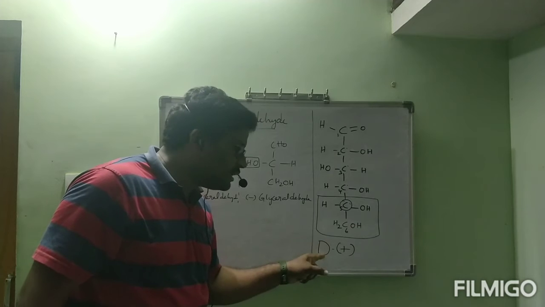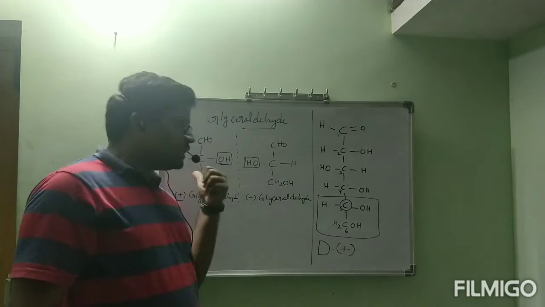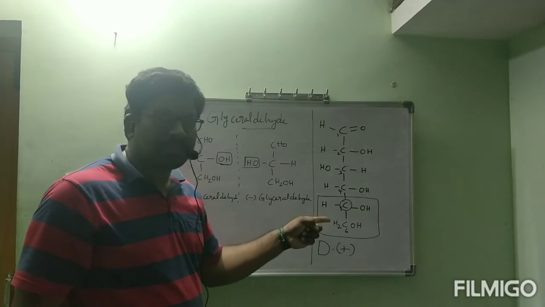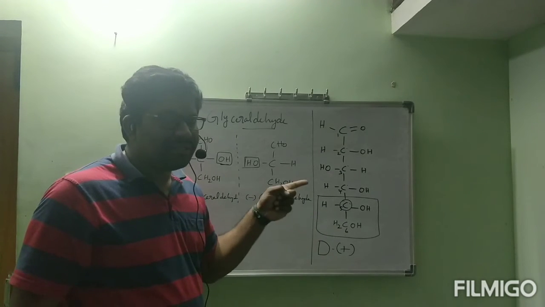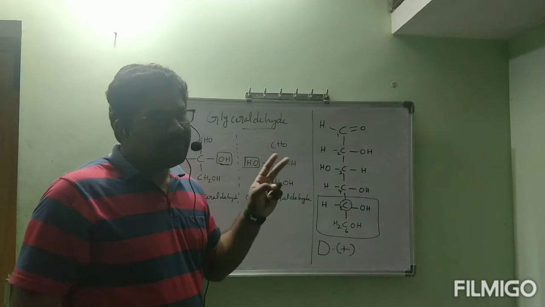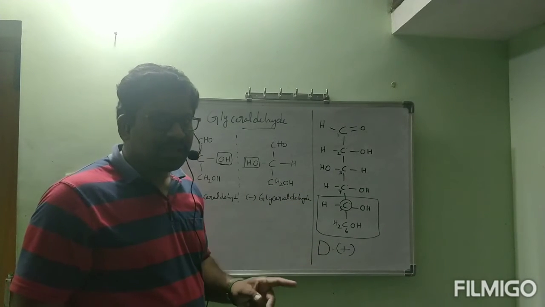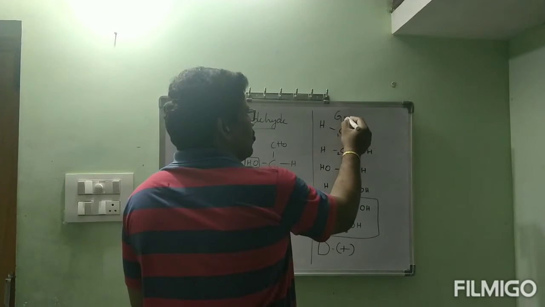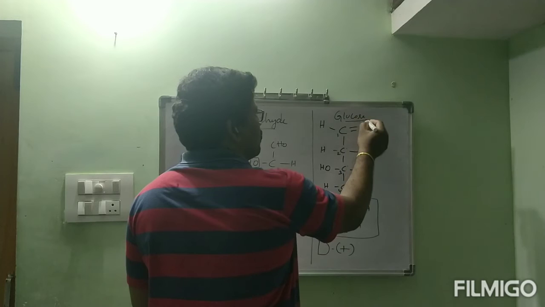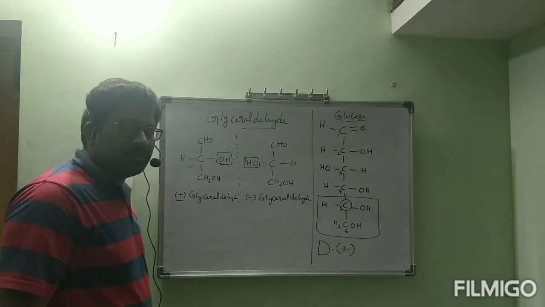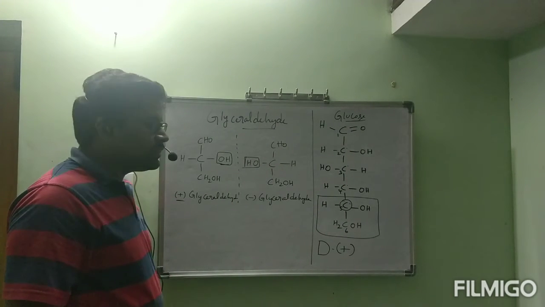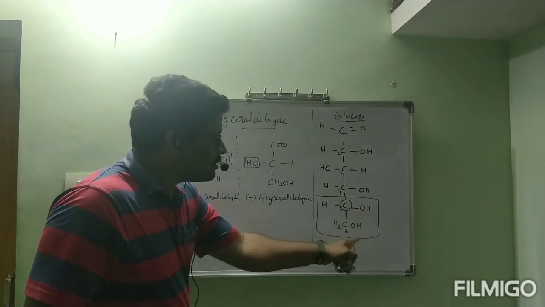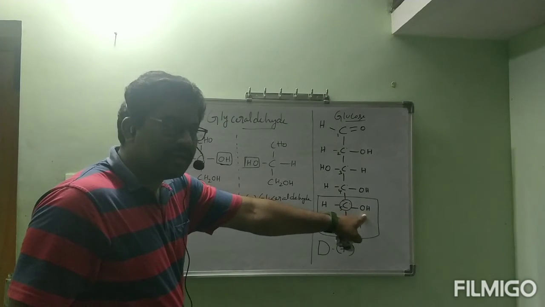This capital D is relative to glyceraldehyde. Why we have to take that last asymmetric carbon, if you have any doubts, I will clarify later. First thing: which carbon is present in glucose? We are checking with glyceraldehyde. The last asymmetric carbon of glucose contains OH on the right side.